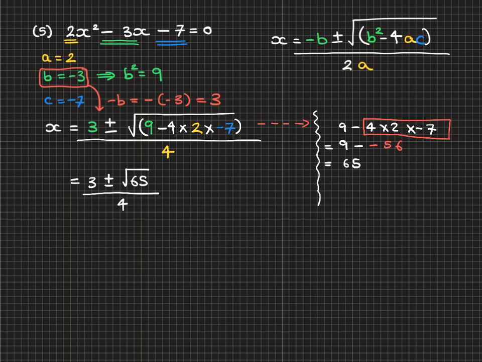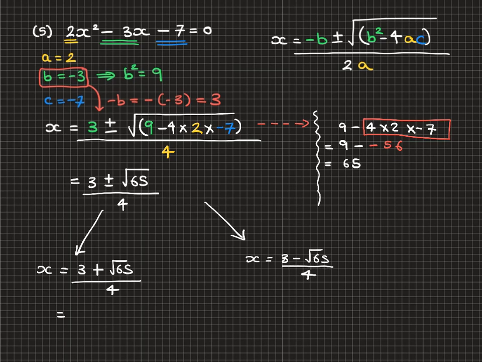Root 65 doesn't simplify in a particularly neat format, so we will work out the two roots separately as decimal values. So 3 plus root 65 all over 4 is one value of x, and the other value is 3 minus root 65 all over 4.